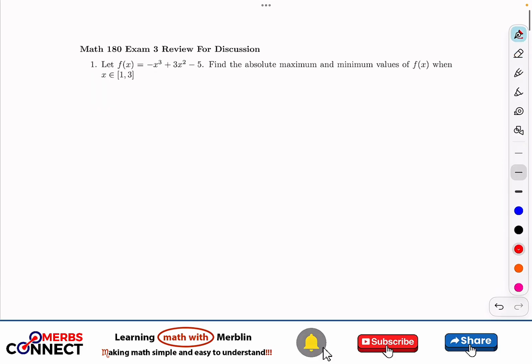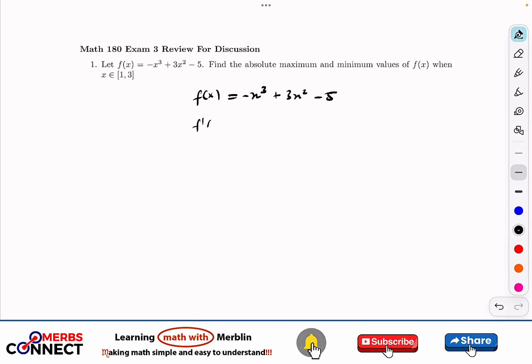Now here we have f of x, which is equal to minus x to the power 3 plus 3x squared minus 5. So what do I need first?